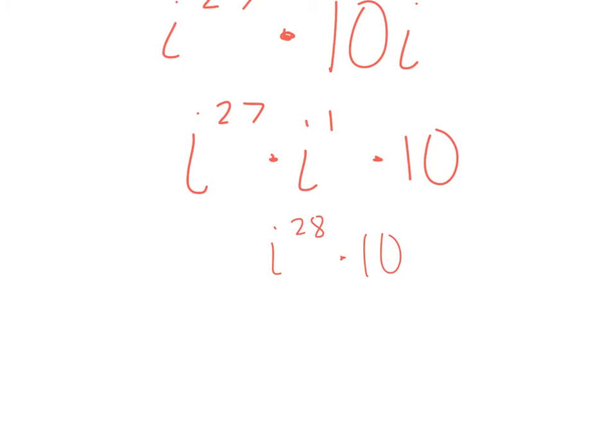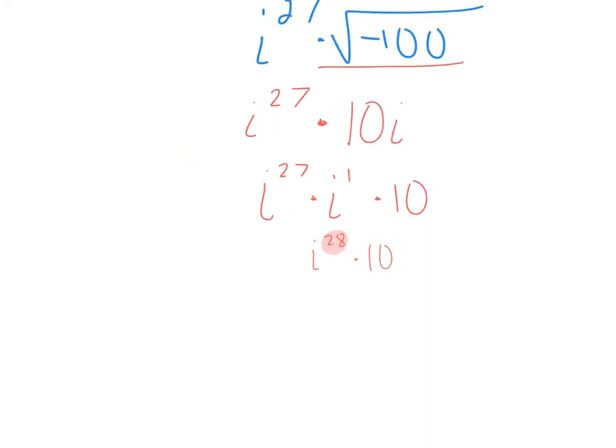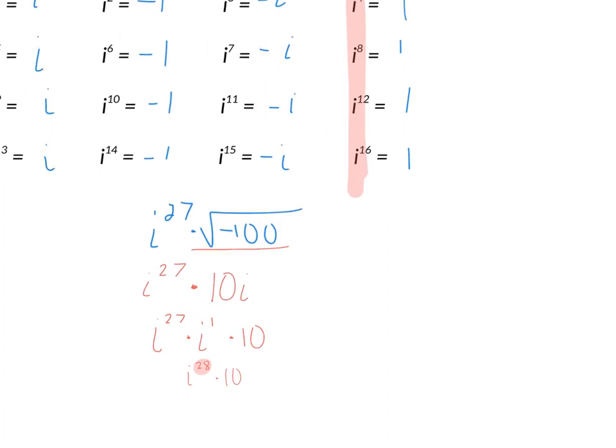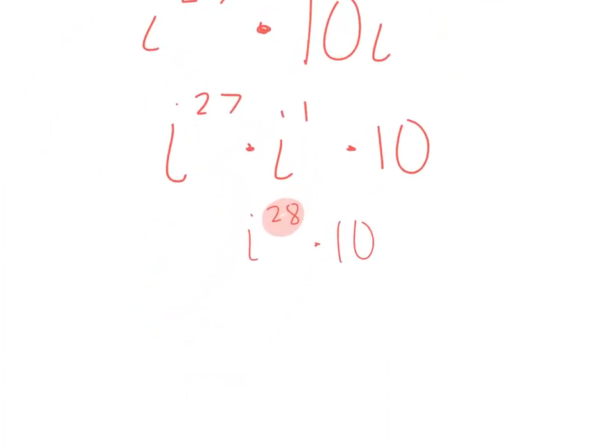Now, hopefully you recognize that 28 is a multiple of 4, which would place us in the fourth column from our table up top. So I to the 28th would necessarily have to fall in this column here. So I can replace I to the 28th with just regular old 1. So when I simplify this fully, my final answer is 10.